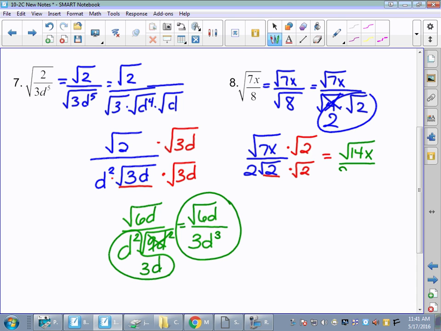And 2, don't forget the 2 on the outside, times the square root of 4. Because the square root of 2 times the square root of 2 is 4. The square root of 4 becomes 2. The 2 on the outside and the 2 from that radical make 4. So my end answer is the square root of 14x over 4. And that's it.